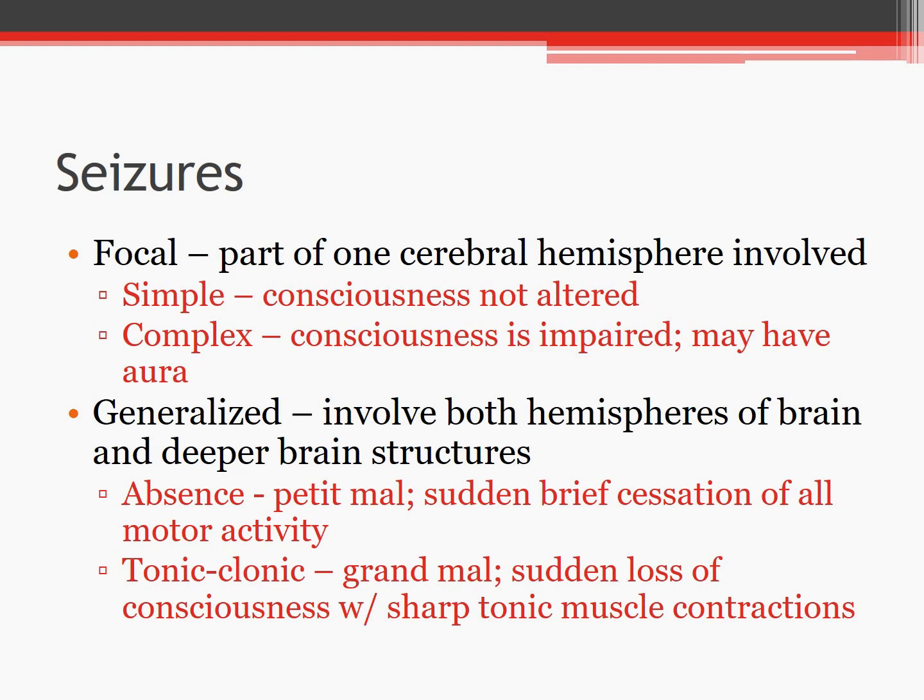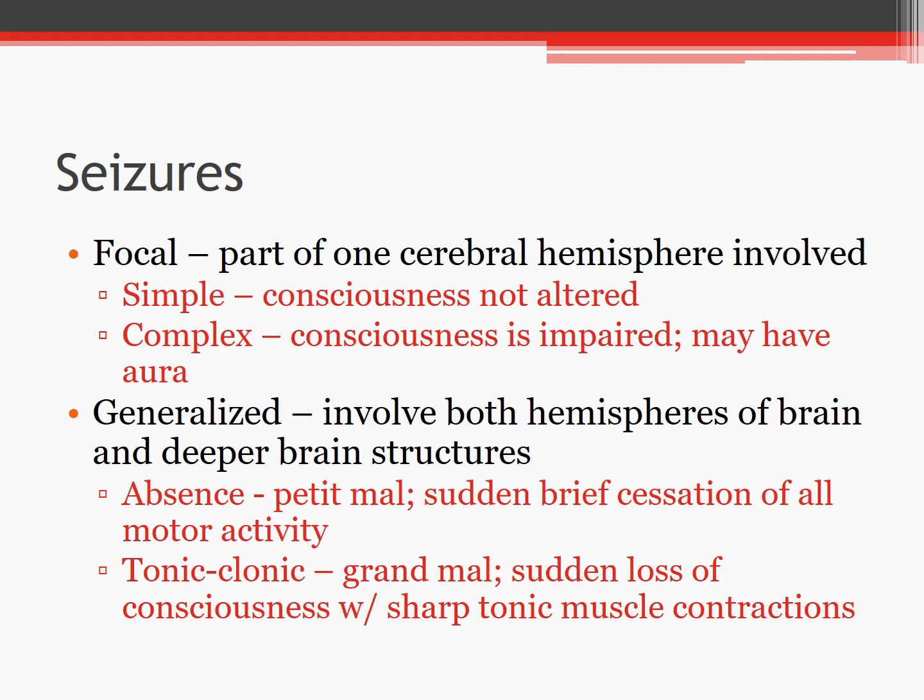Absence, they used to be called petit mal, but we're going to call them absence. Absence seizures are where there is a sudden brief loss of consciousness and motor activity. This individual often is considered to just be daydreaming or staring. It only lasts a few seconds, and it often goes unnoticed. It may be occurring as many as 100 times a day.